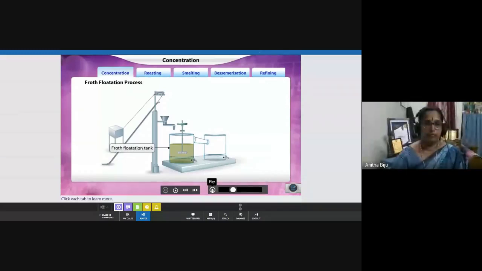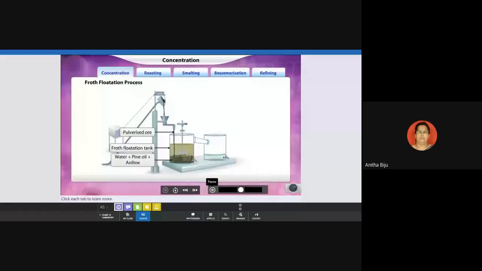The flotation tank contains water, to which collectors such as pine oil and stabilizers such as aniline are added. Mention these 3 important substances associated: water, pine oil, and aniline. The role of pine oil we know, and aniline also we know. The powdered ore is then added to this tank.